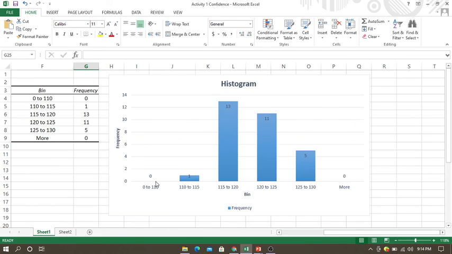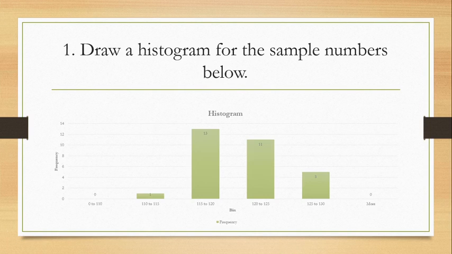So it means that 0 to 110 is zero frequency, 110 to 115 is one frequency, 115 to 120 is 13 frequency, 120 to 125 is 11 frequency, and 125 to 130 is 5 frequency. So this is the bin here, the blue ones, and the frequency are these ones. So this is the histogram.